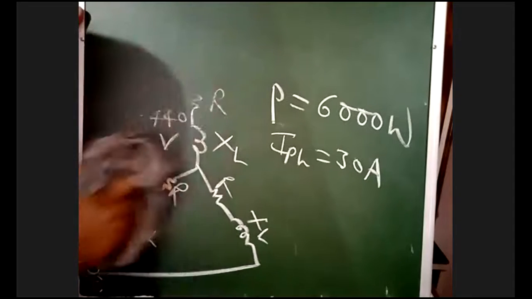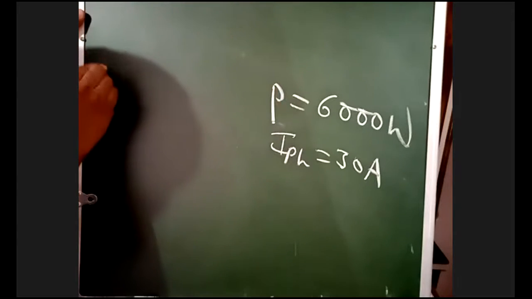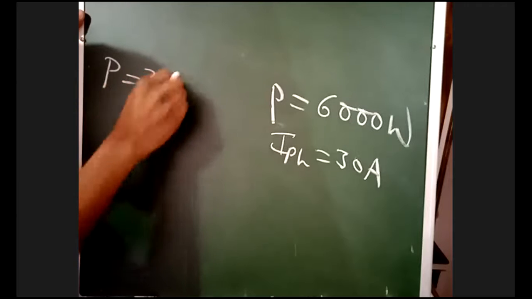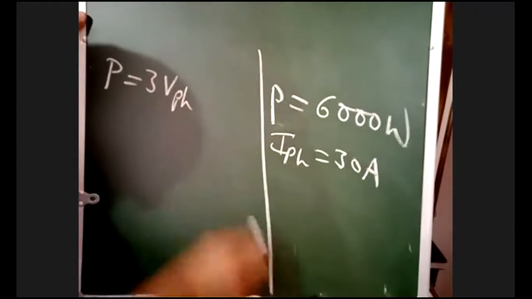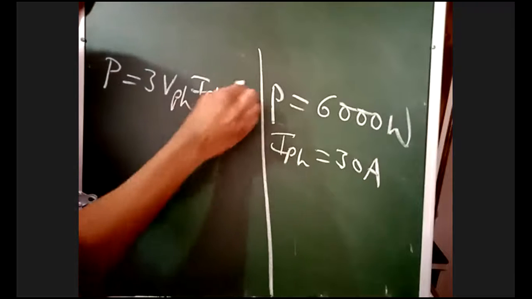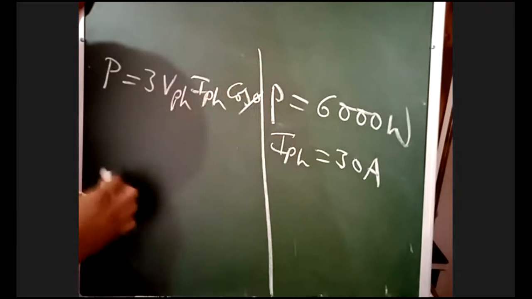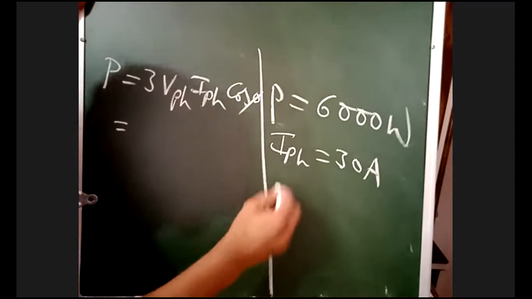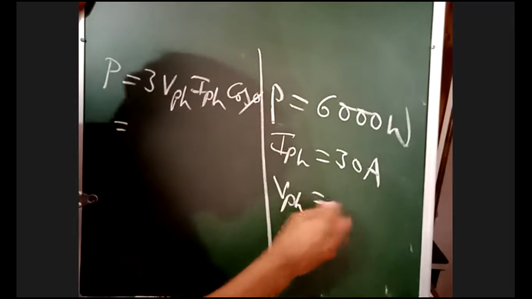So first I will determine Z phase. For that I am using the power P. P is equal to, what is the formula? Three into V phase I phase cos phi. If you take root 3 VL IL. And what is the V phase here? V phase is equal to VL by root 3.